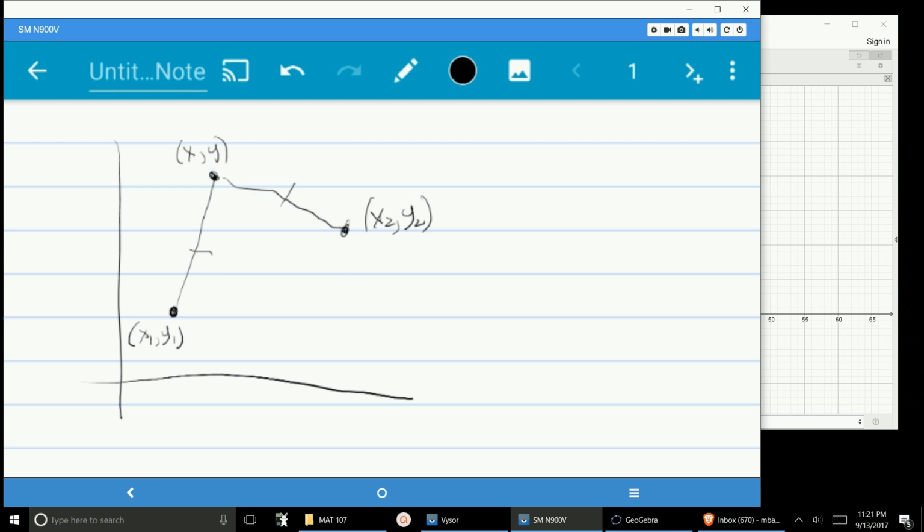And some pretty amazing things happen when you do that. So we'll do x1 minus x squared plus y1 minus y squared, this square distance, must be equal to x2 minus x squared plus y2 minus y squared.